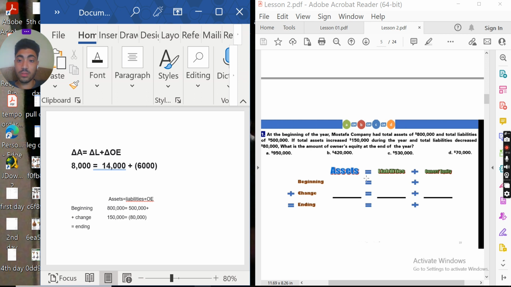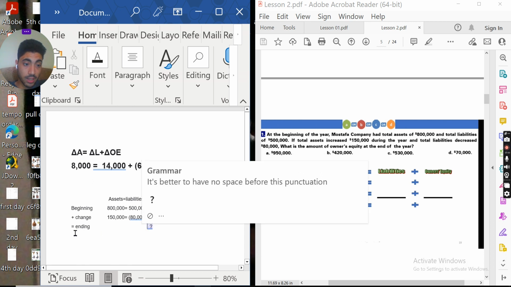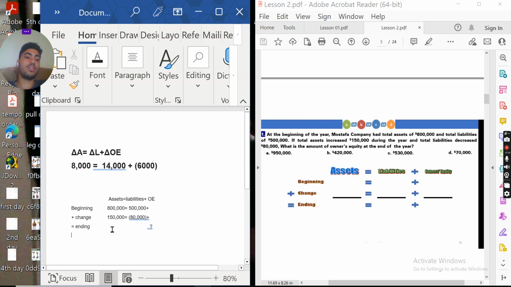Alright. What's the amount of owner's equity at the end of the year? Okay, so he wants this. He wants the owner's equity at the end of the year.